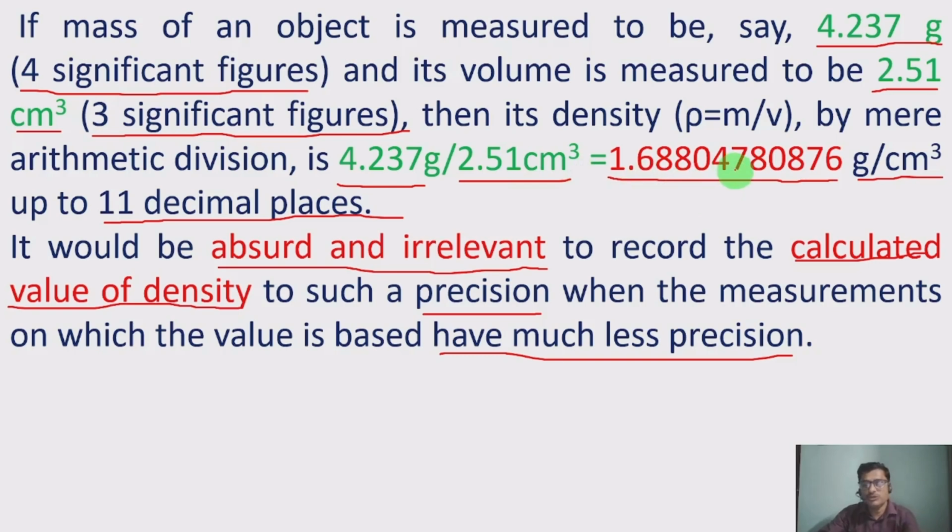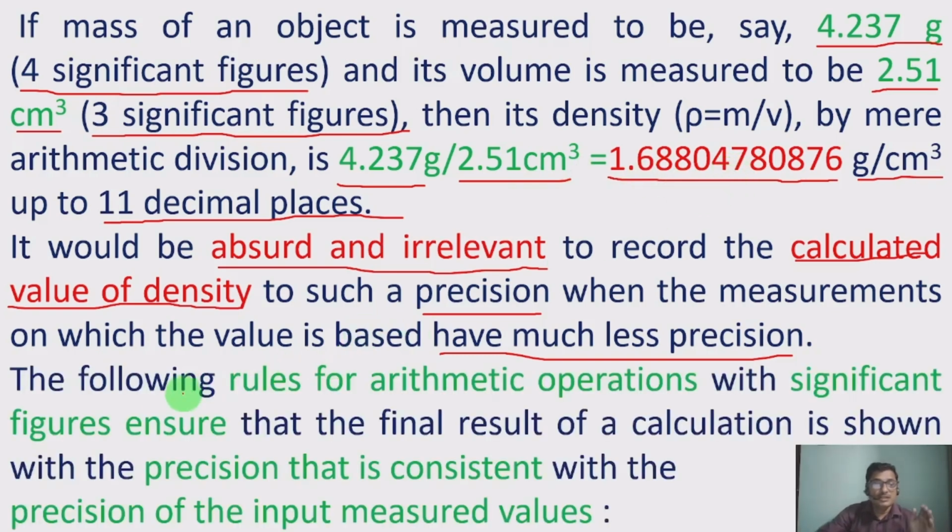Then what to do here? The following rules for arithmetic operations with significant figures ensure that the final result of the calculation is shown with a precision that is consistent with the precision of the input measured values.